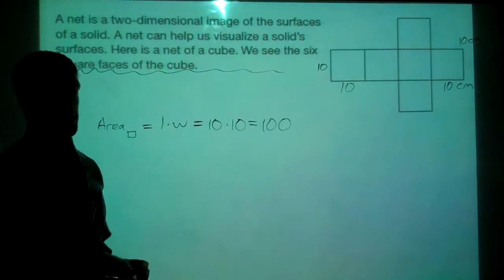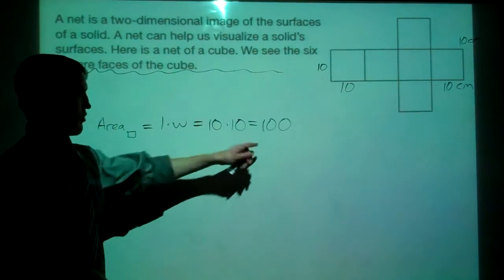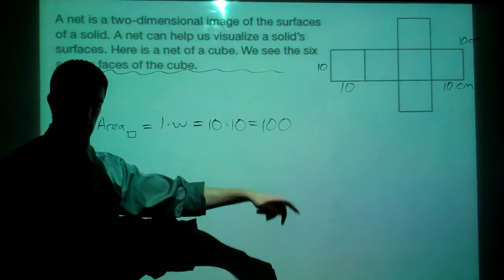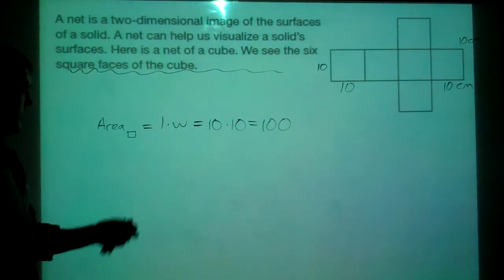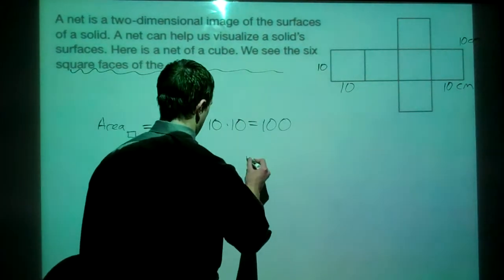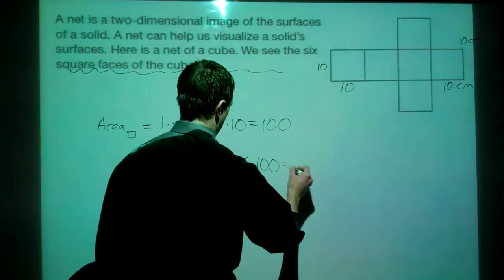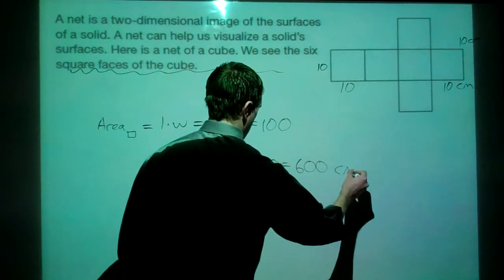Okay? And we have 6 of those squares, remember, so if we multiply 100 by 6, we get 600, and whatever units we were in, which is centimeters, it would be 600 centimeters squared. Okay?